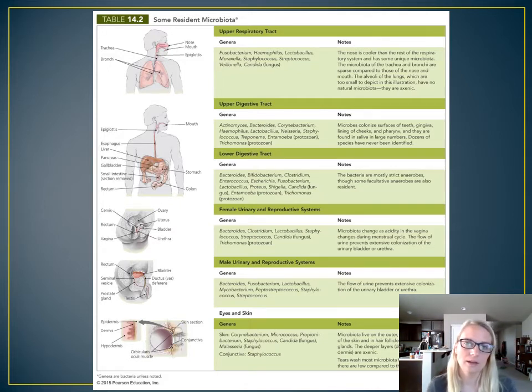The next way that normal microbiota can become opportunistic pathogens is when there's a change in your normal microbiota, allowing some of the critters that already live there to become pathogens. So this might be taking long-term antibiotics, which can wipe out some of your normal microbiota, letting a few of the ones that are normally held in check become more successful with less competition.